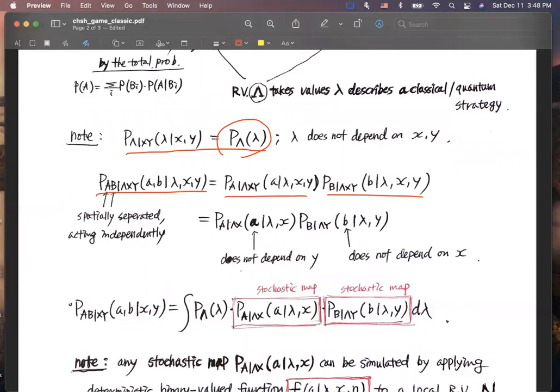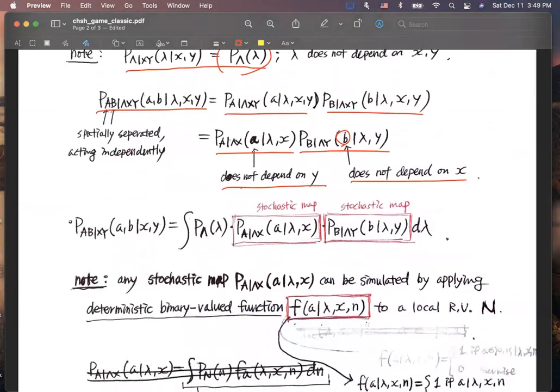But a does not depend on y, so we can simplify to this expression. Also, b does not depend on x, so we can simplify to this expression.